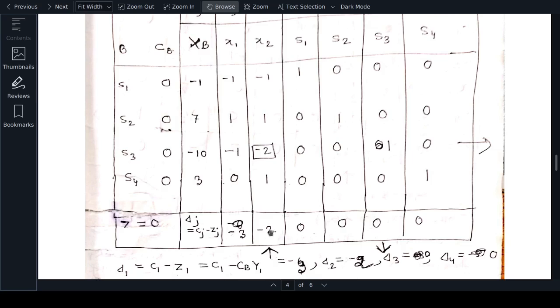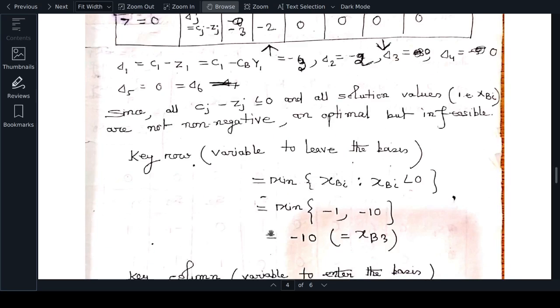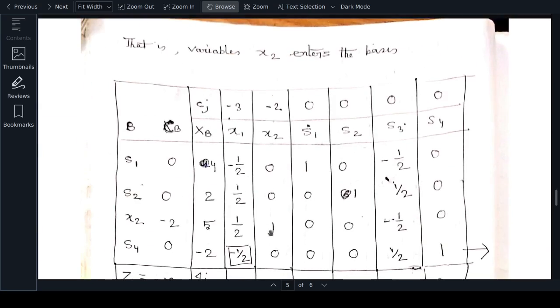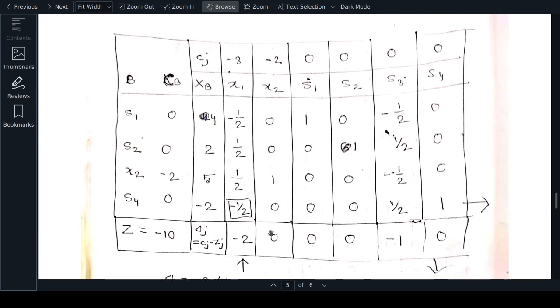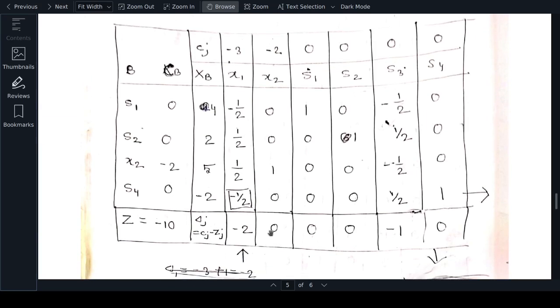So in the second table you see, S3 is out and replaced by X2, same as the earlier method.